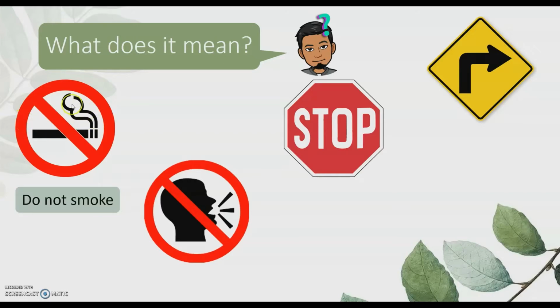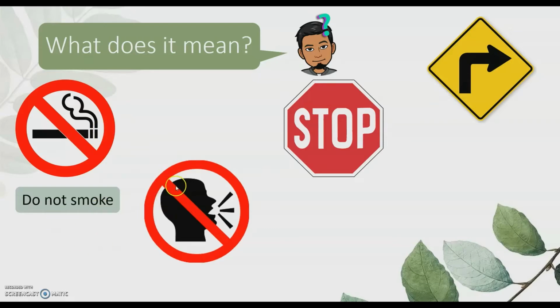Okay, and this is a sign of smoking. So when we see this type of sign, we cannot smoke in that area. Okay, so the meaning of this sign is do not smoke.